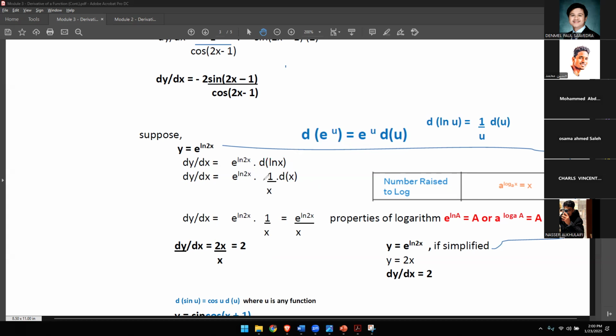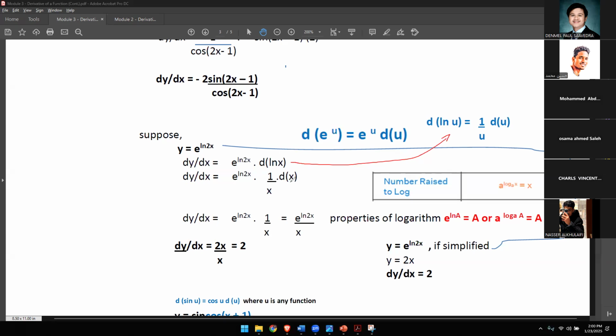So in here, the derivative of ln x, let's go back to this formula ln u. ln u is equal to 1 over u, which is this x right here, 1 over x times the derivative of your u, derivative of your x, which is this 1.